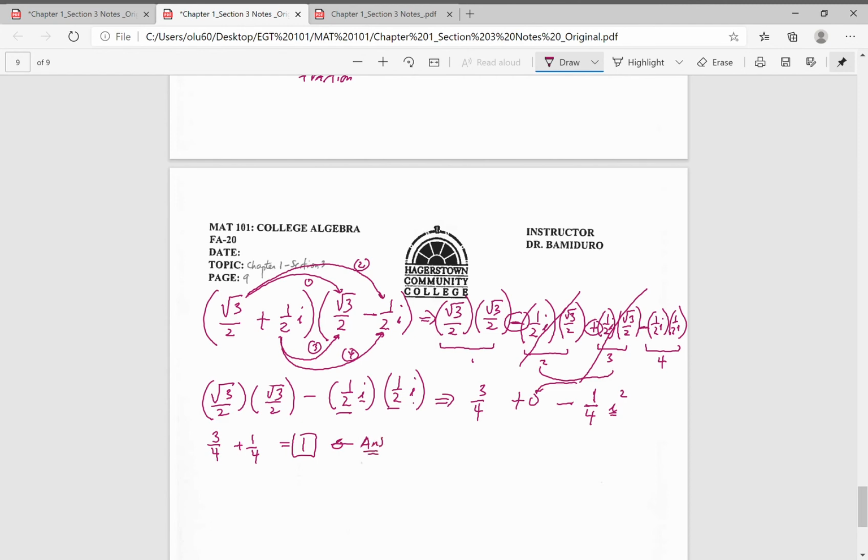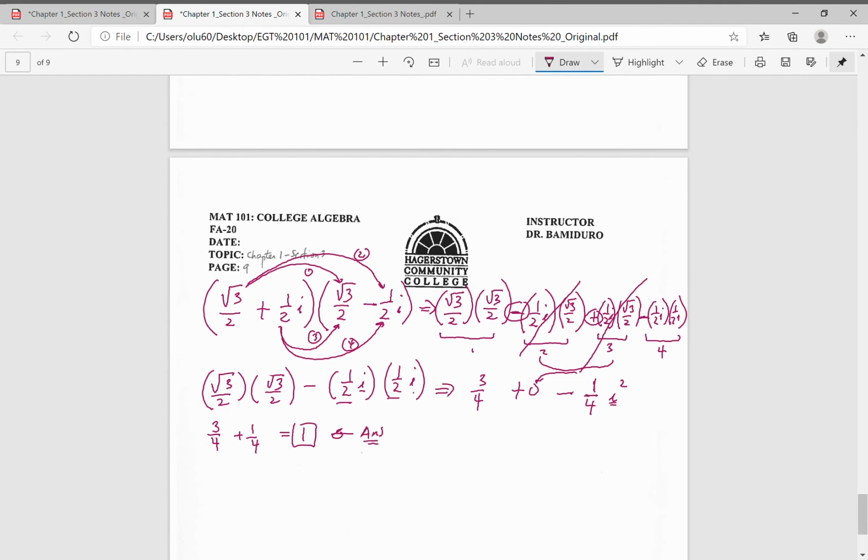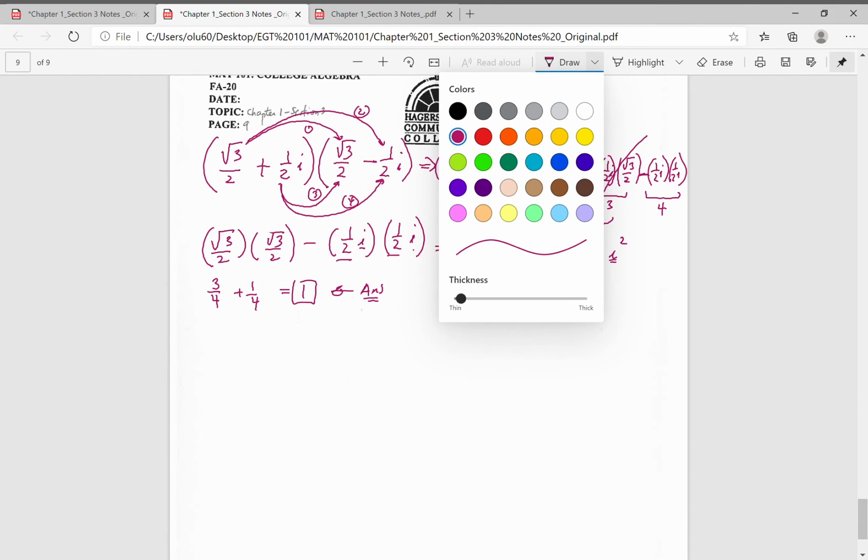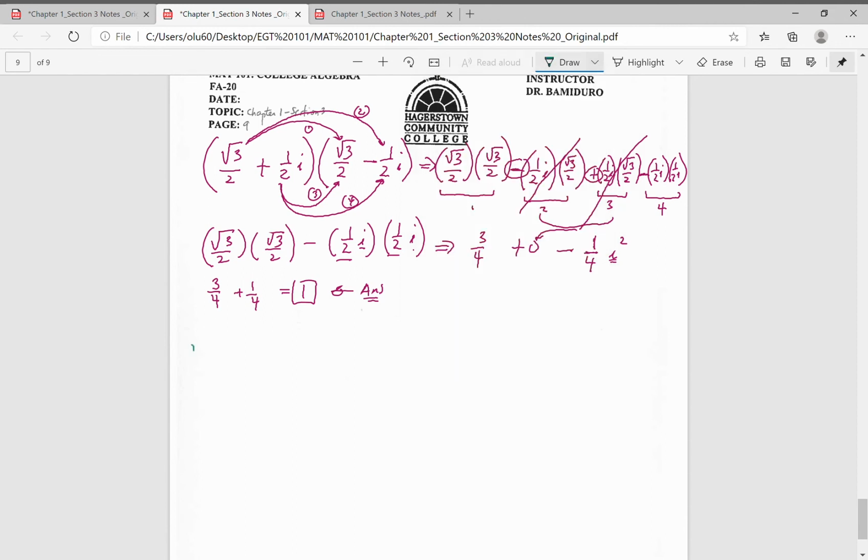Okay. Now let's do a quotient. In this case, we are asked to write each quotient in the a plus bi form.